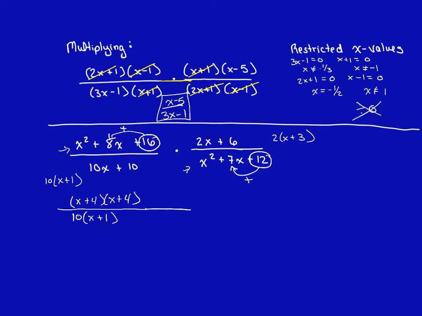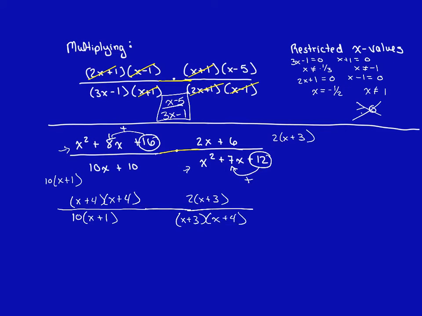And extend our line here because of the multiplication. And then we have 2 times x plus 3 over, let's see, factors of 12 that add up to 7. That's going to give us x plus 3 times x plus 4.